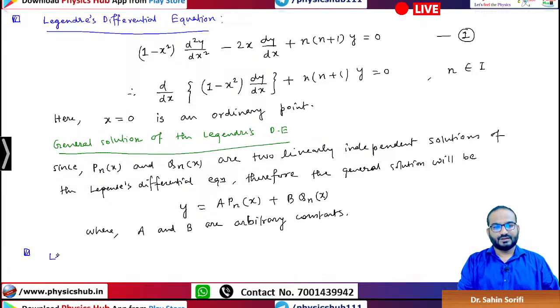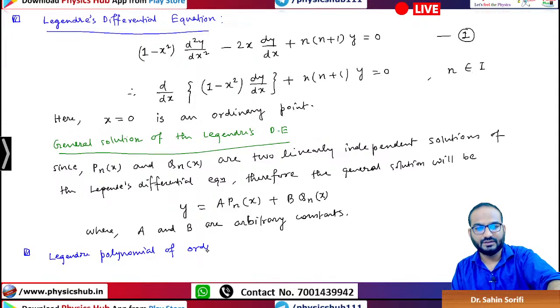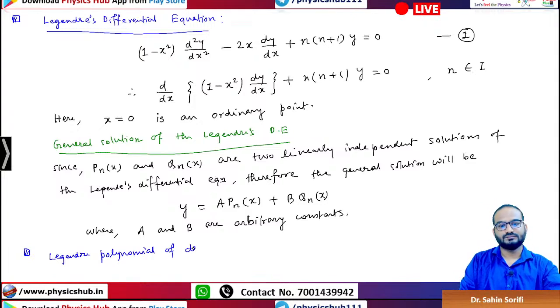Now the Legendre polynomial of order n, Legendre polynomial of degree n, is given by the Rodrigues formula.